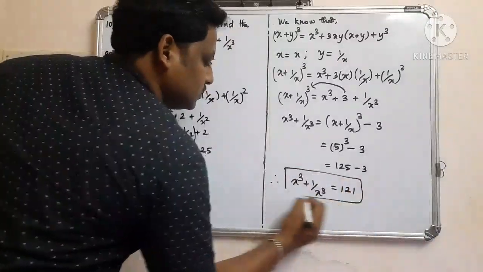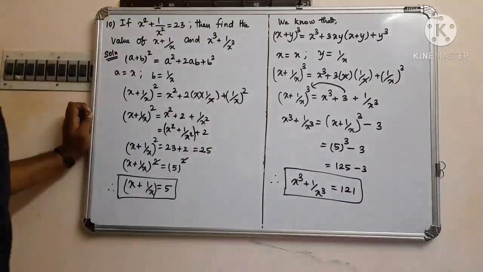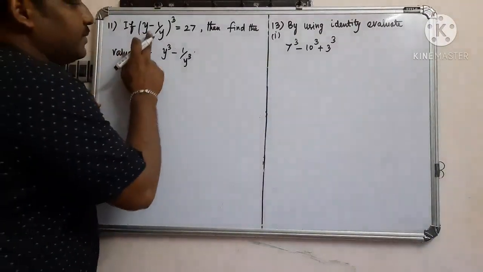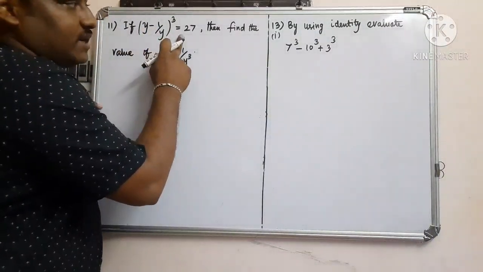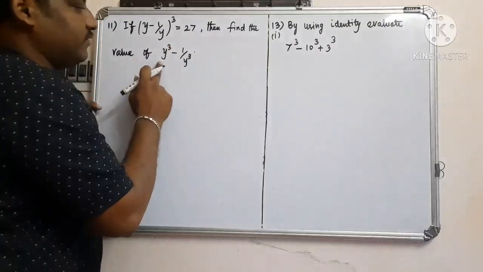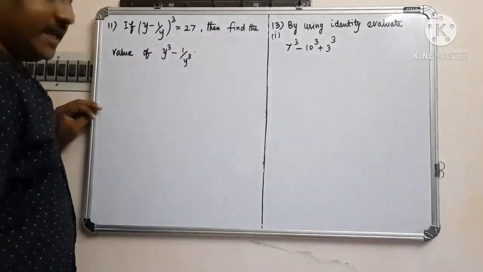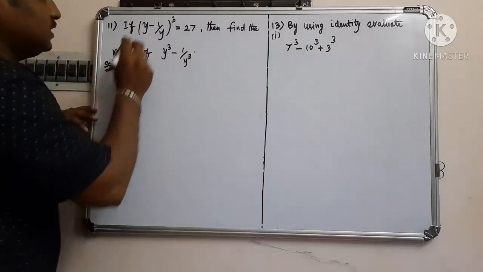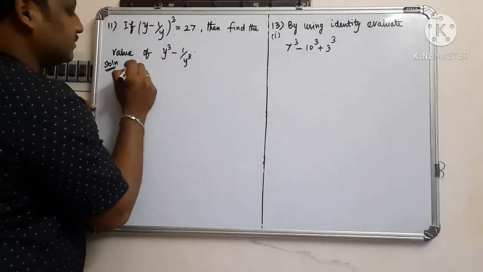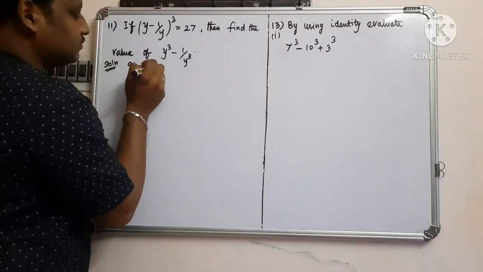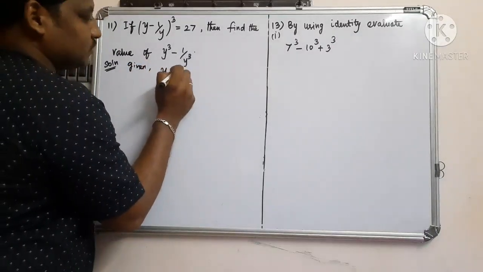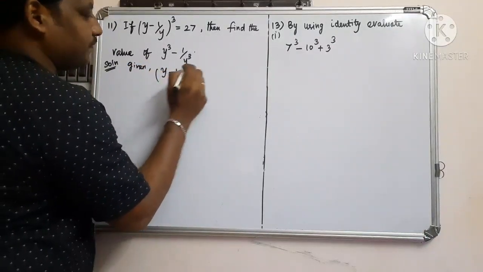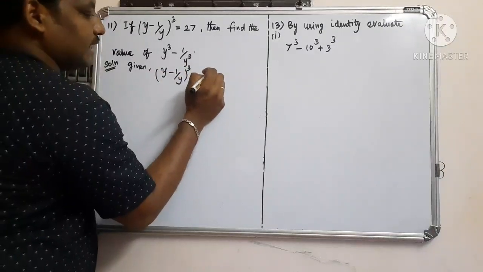Understood? So this is also a 5 mark question. If (y minus 1 by y) the whole cube is equal to 27, then find the value of y cube minus 1 by y cube. Solution. So what is given? (y minus 1 by y) the whole cube is equal to 27.